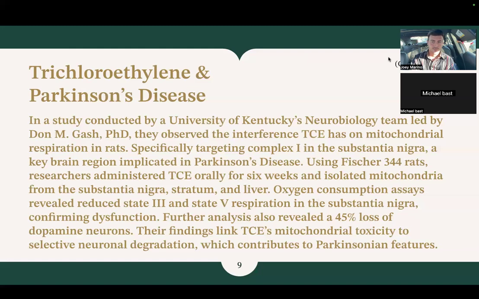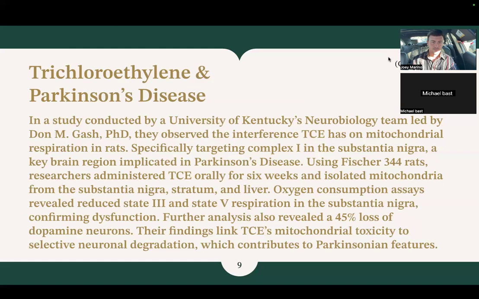Using these Fisher 344 rats, the researchers gave the trichloroethylene orally for 6 weeks, and then isolated the mitochondria from the SN, striatum, and liver. Furthermore, the oxygen consumption assays revealed a reduced state 3 and state 5 respiration in the SN, and all this does is confirm mitochondrial dysfunction.